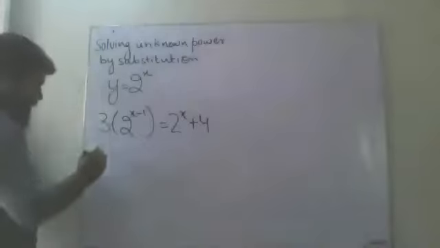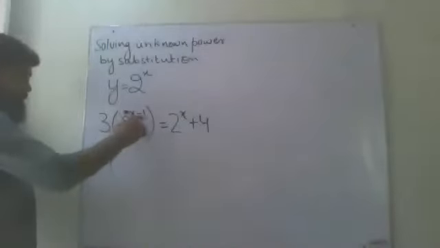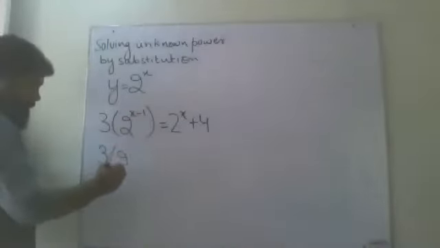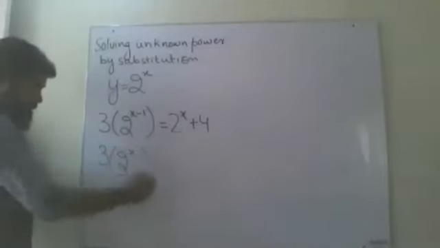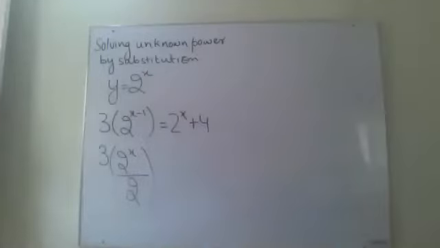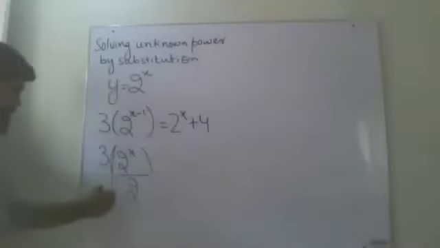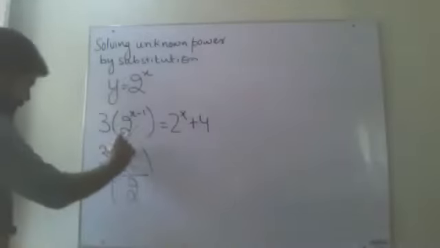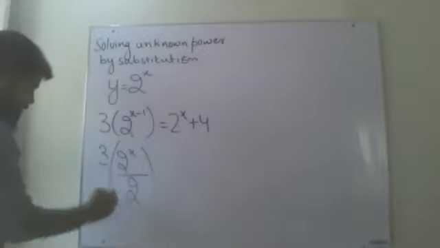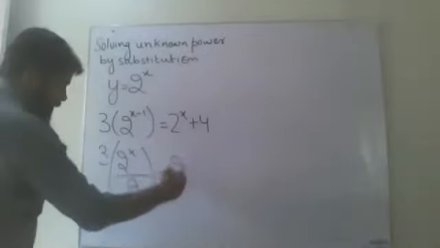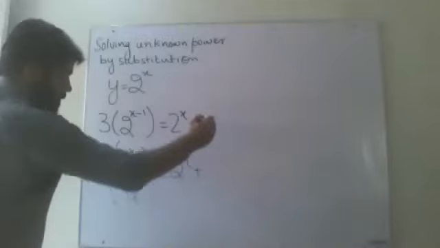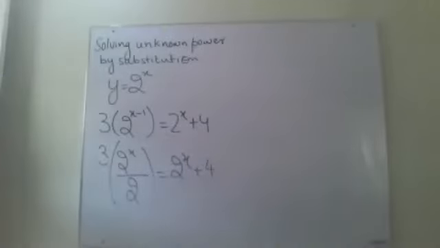So first thing, this power is written in negative form, 2 to the power x minus 1, so it is coming from the denominator. After this, for 2 to the power x plus 4, I'm not changing anything, I'm just leaving it like that.